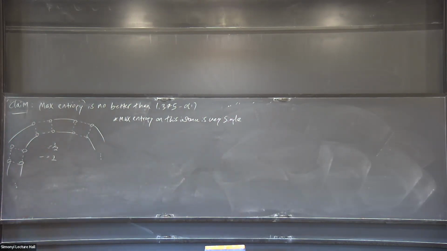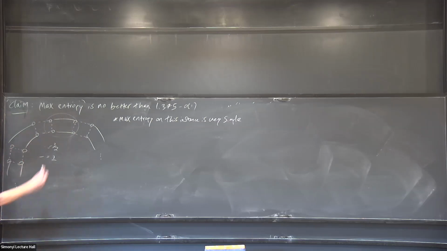Does anyone see why it should be easy to find the max entropy distribution on this graph? Not so obvious, but it's symmetric, so at least we know that on all the solid edges it's the same lambda. That's true. And on the dotted, maybe it's different.